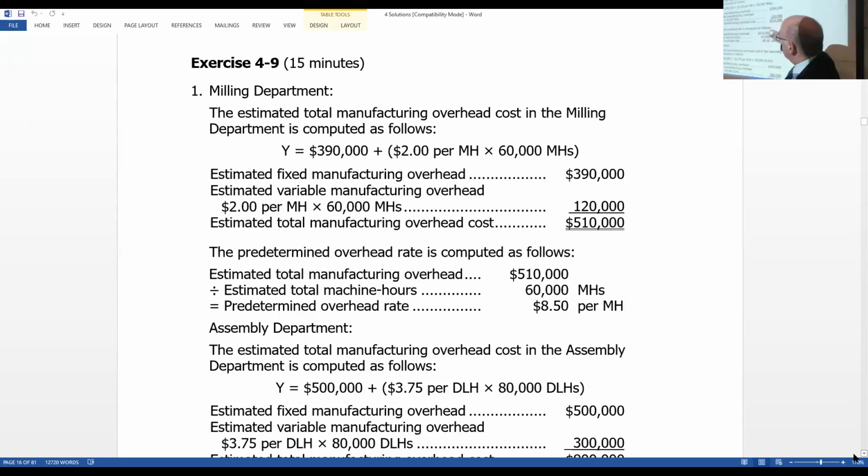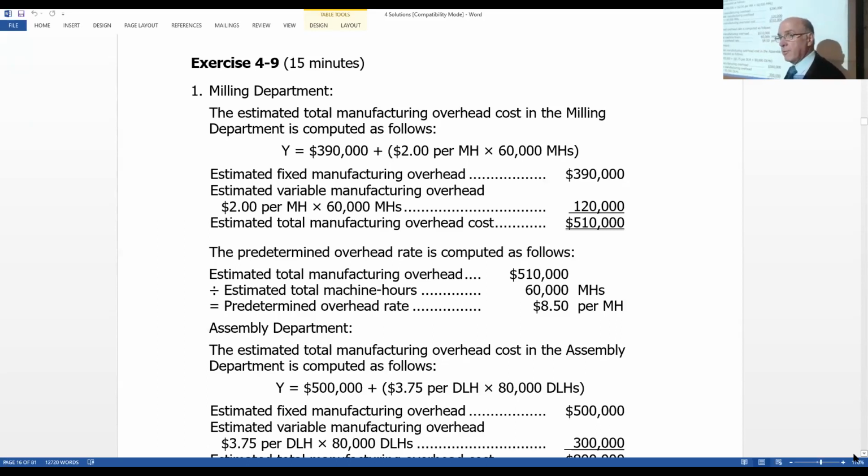So the estimated fixed manufacturing overhead $390 plus $2 times 60 is $120. Total then for milling $510,000. That's their estimate for overhead. And the predetermined overhead rate is $510 divided by the 60,000 machine hours, or $8.50 per machine hour.